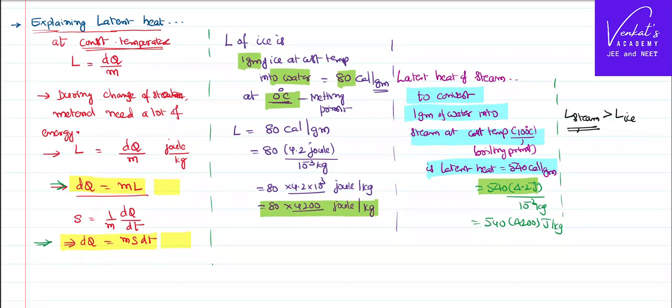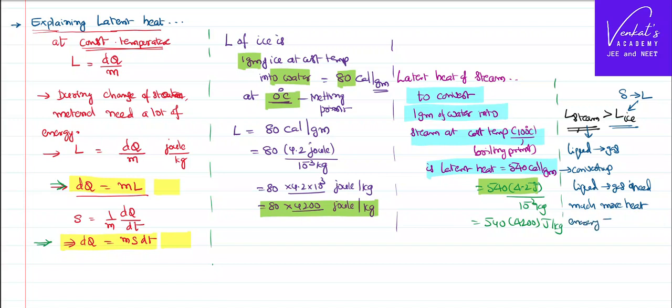Why is this that much higher? If you observe a little carefully, here the substance is converting from liquid to gas, whereas there it is converting from solid to liquid. Converting a material from liquid to gas is much more difficult and needs much more heat energy than solid to liquid.